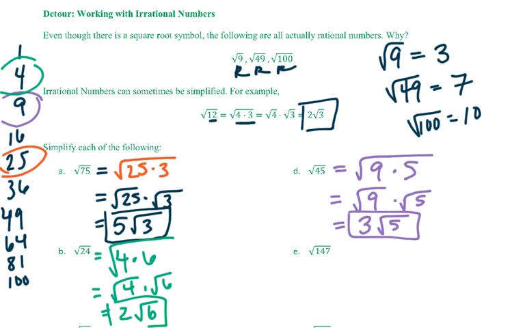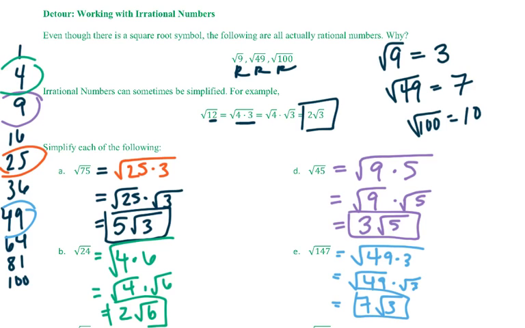And then lastly, we have 147. 147 can actually be written as 49 times 3. So when I break this down, I get square root of 49 times the square root of 3. The square root of 49 is 7, so I get 7 root 3. This is just some practice with simplifying square root expressions.